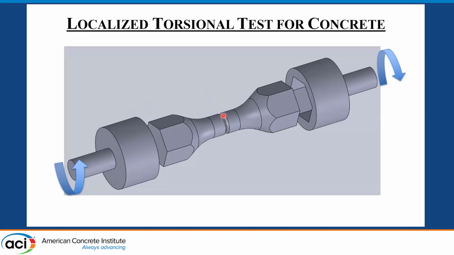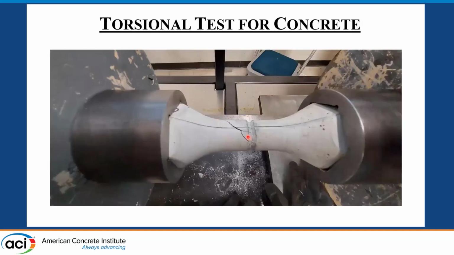And we put a notch in the middle to force it to fail in that section, hoping that it will fail in a vertical plane. But again, when we tested it, you can see the crack is still on a principal plane, indicating that it is still failing in diagonal tension and not pure shear.